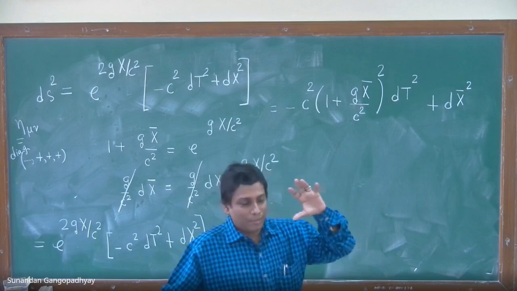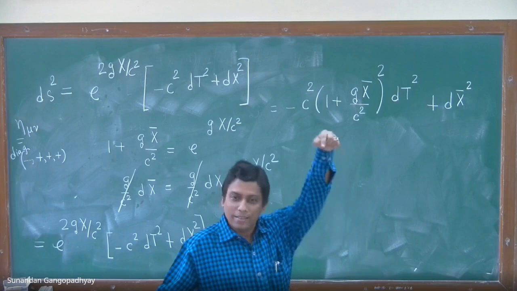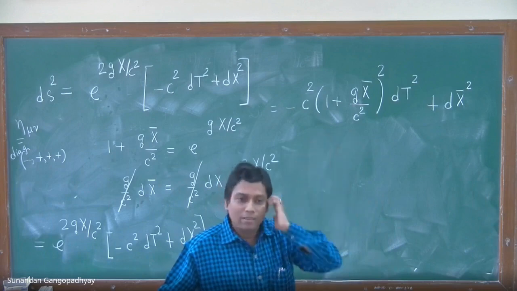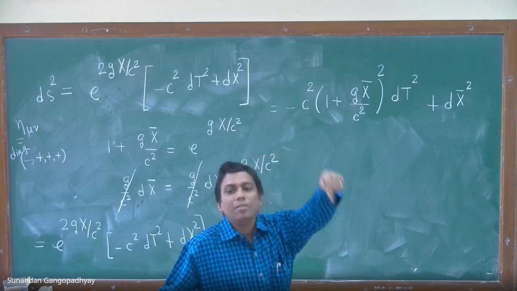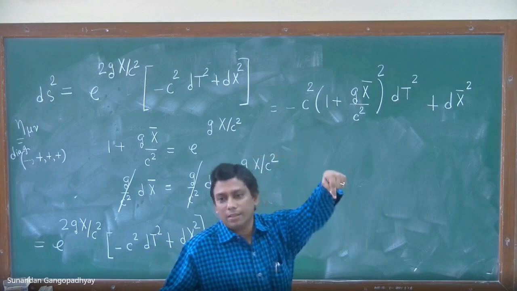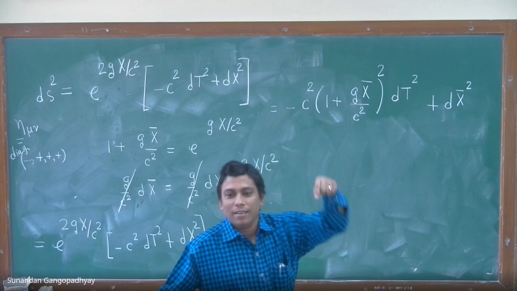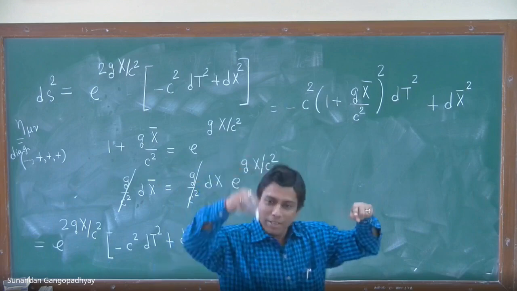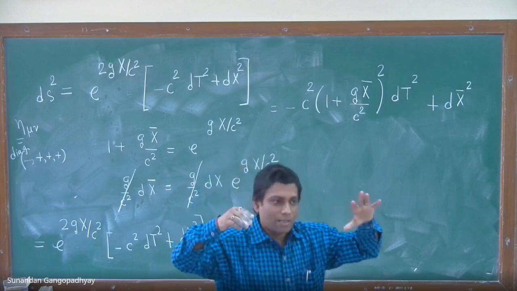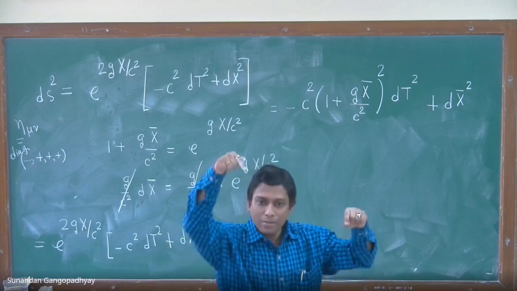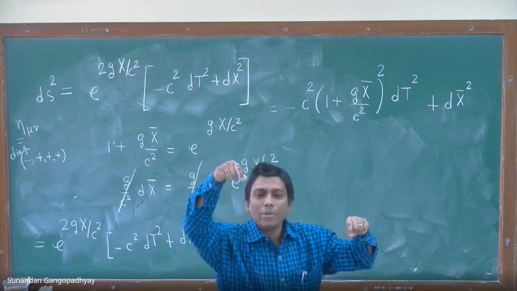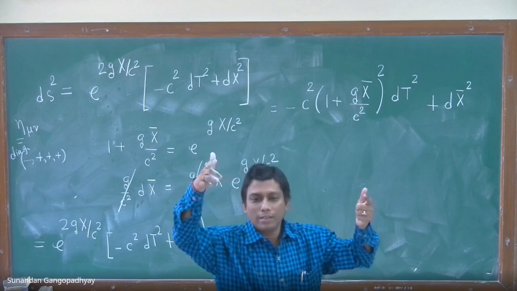So general relativity means uniform gravitational field or arbitrary gravitational field, freely falling elevator. Just think of Earth, uniform acceleration due to gravity, freely falling elevator. What happens locally? No gravity.